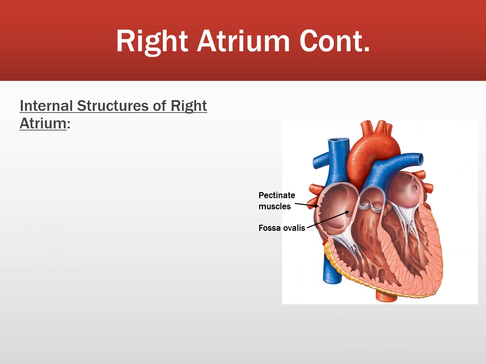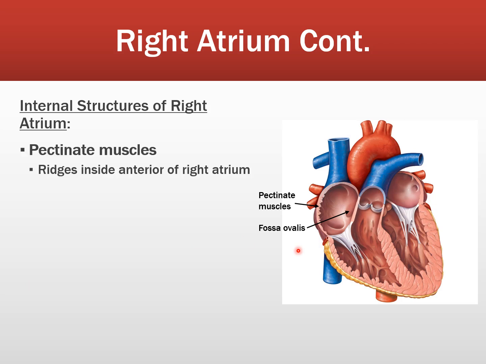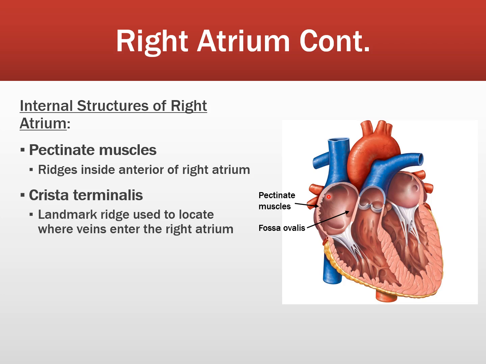So now if we look inside the right atrium, we see some internal structures that are a little bit different, especially from the left atrium. There's this ridge of muscles called the pectinate muscles. It's just this kind of ridge on the anterior side of the atrium, and we don't find that in the left atrium, so it's special to the right atrium.